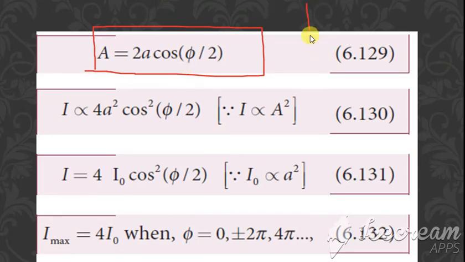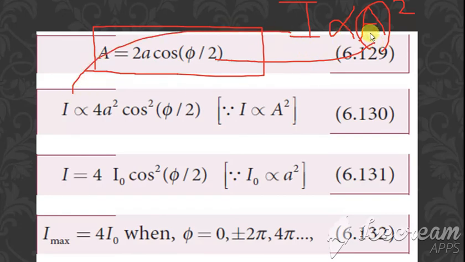What is the formula for intensity? I is proportional to a square. Substituting this value of a and squaring, we get I proportional to 4a square cos square phi by 2.